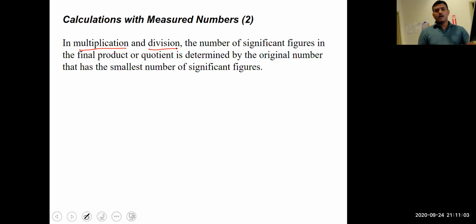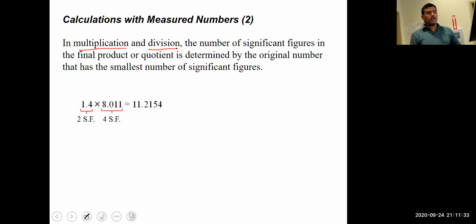The number that contains the least number of significant figures, irrespective of the decimal place, will decide how many significant figures there should be in your final answer. So you shouldn't have more significant figures than the least number of significant figures. That's the only rule. It looks less complicated for sure than the previous one.